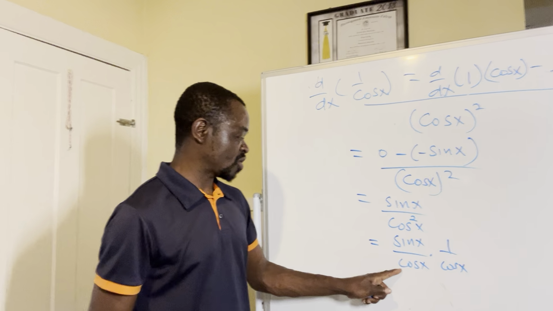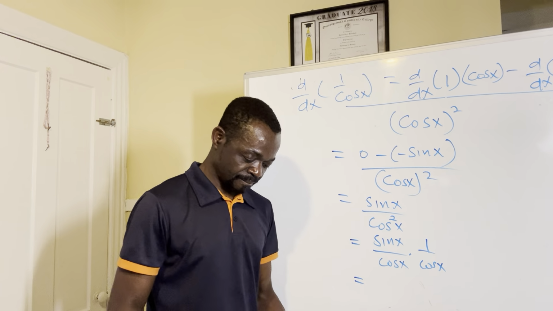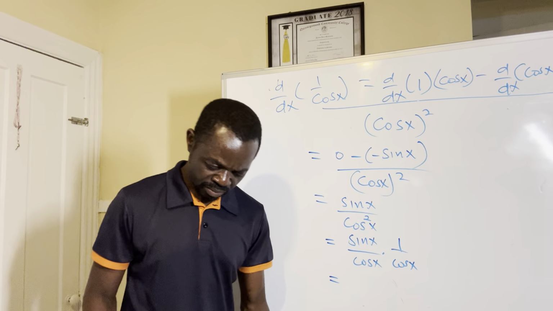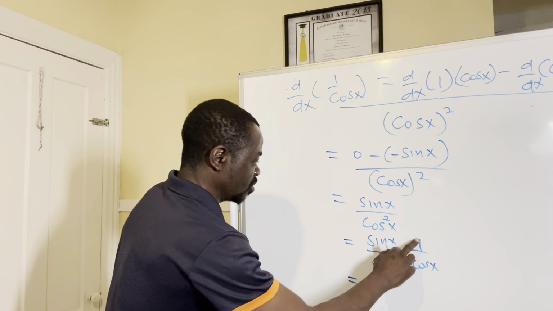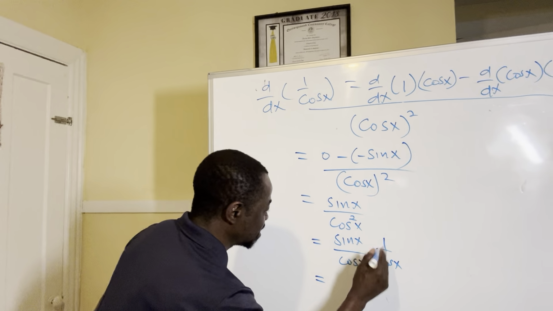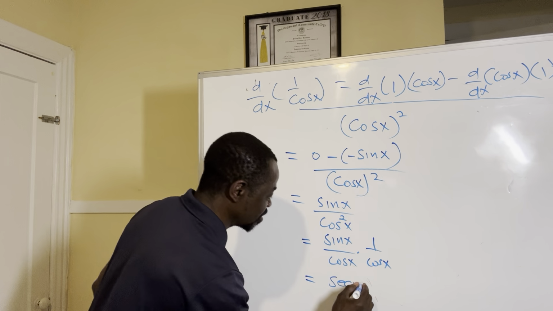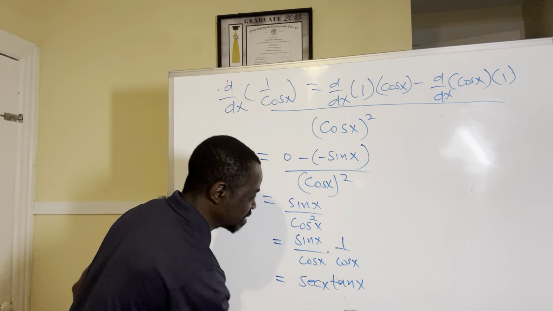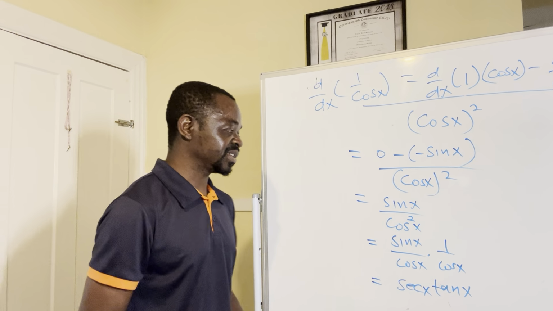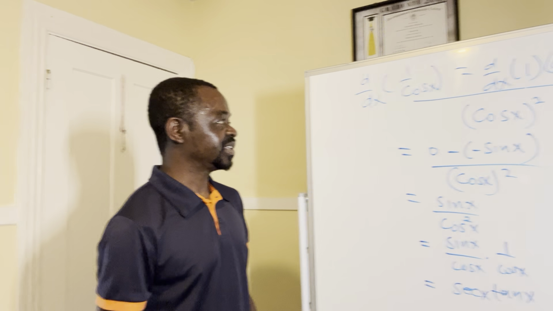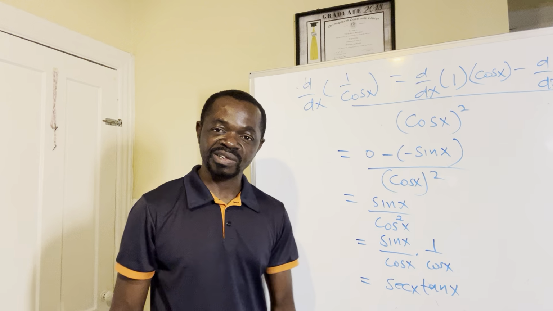And if you take sine over cos, it will give us tan. Right, so 1 over cos will give us sec x, and then sine x over cos will give us what? Tan of x. So that is our final answer. So if you differentiate sec x, your final answer will be sec x tan x.